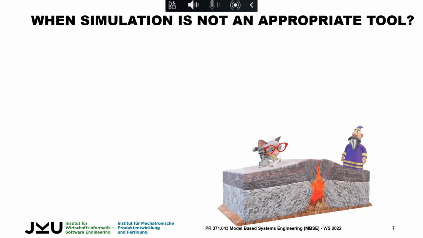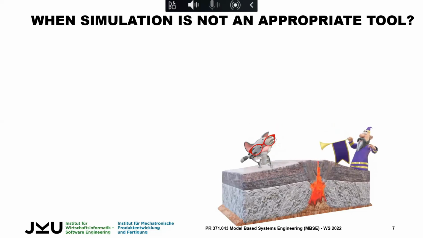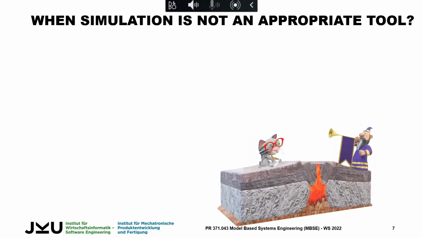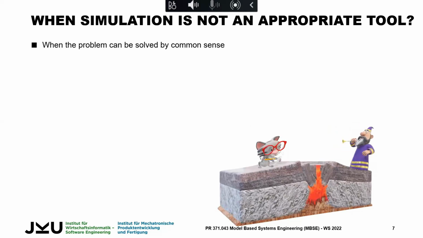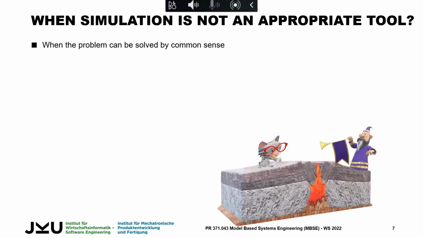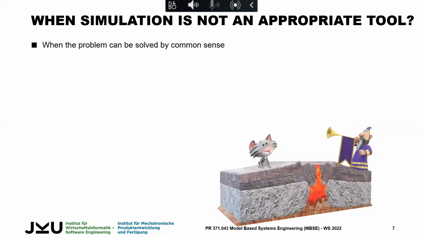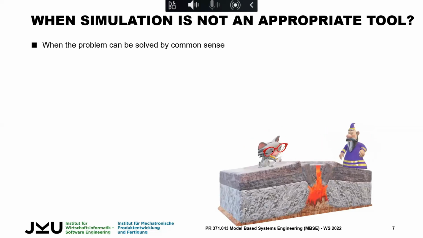Is it necessary? Is it very simple? So there we do not need any simulation. Where you can use your common sense, simulation is not really necessary. So when the problem can be solved by common sense. Sometimes we have to use our common sense in engineering. This is quite common also.